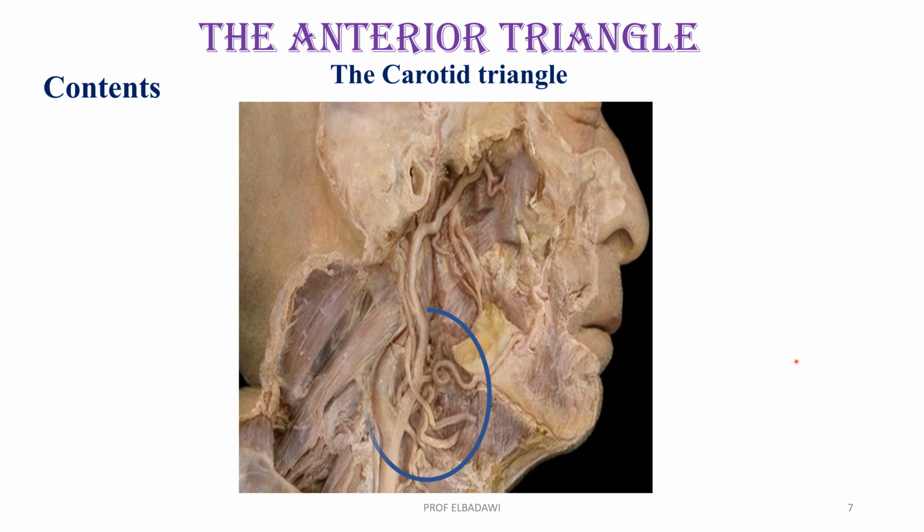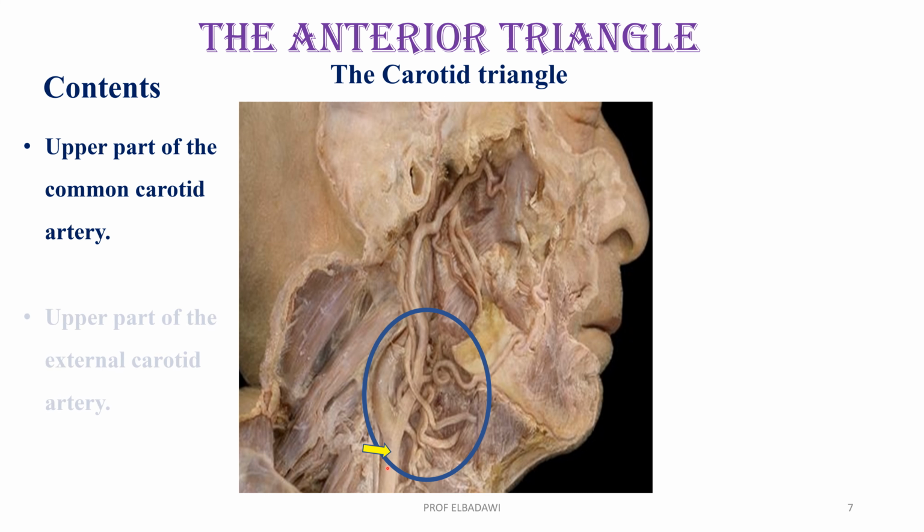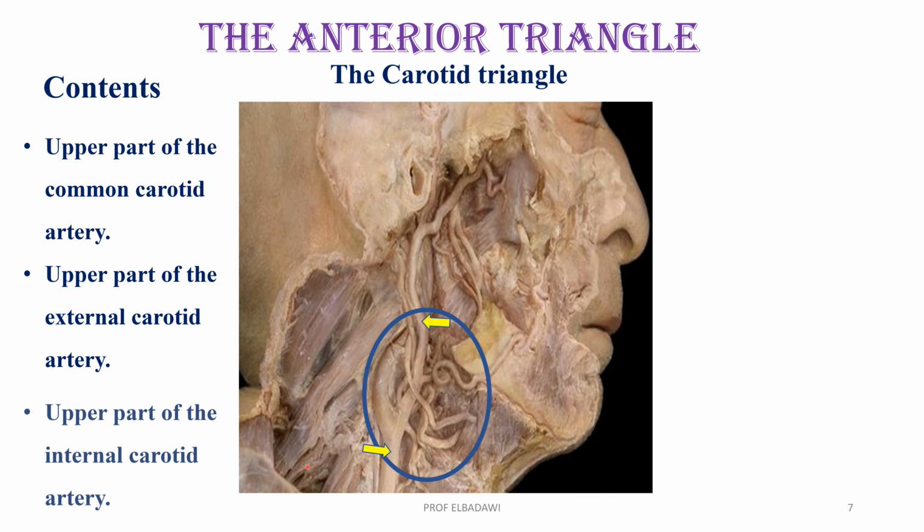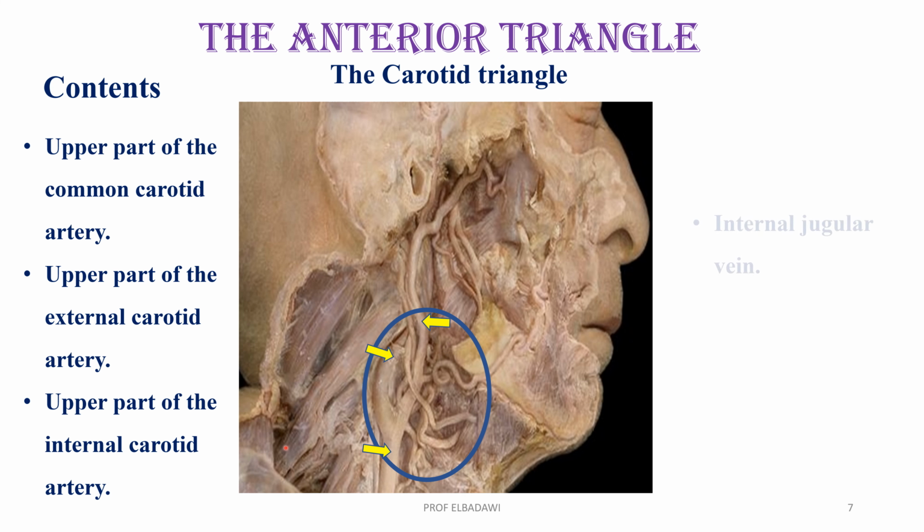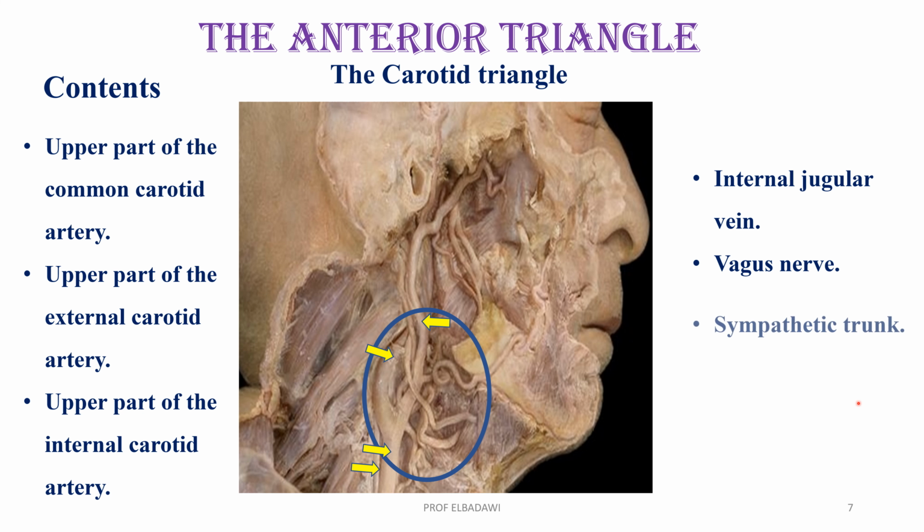Now the contents of such triangle, the vessels and nerves within the triangle: the upper part of the common carotid, the upper part of the external carotid, and the upper part of the internal carotid. The internal jugular vein, which will be lateral to the artery, and then the vagus nerve, that is the vagus nerve over here.